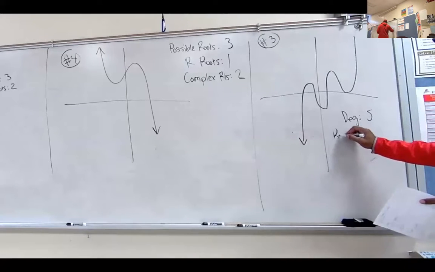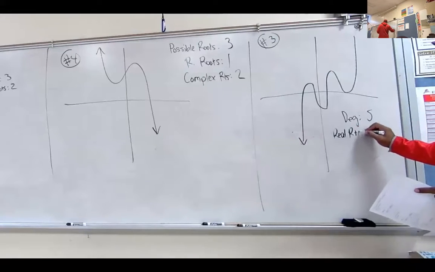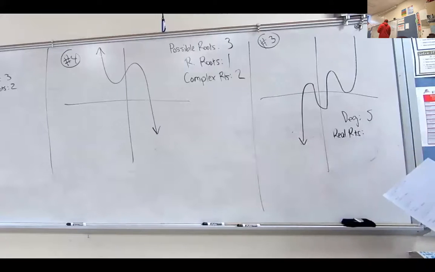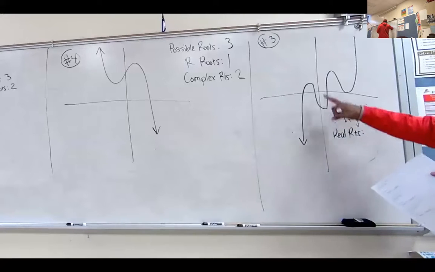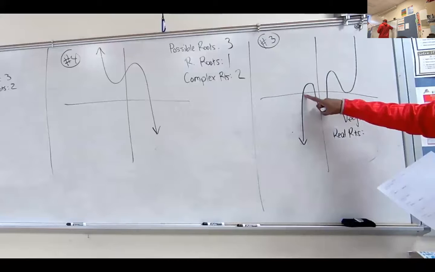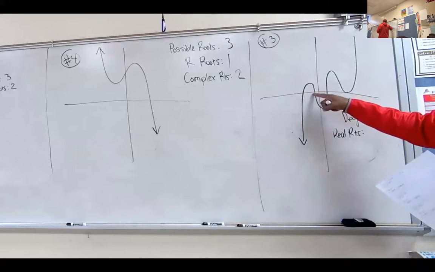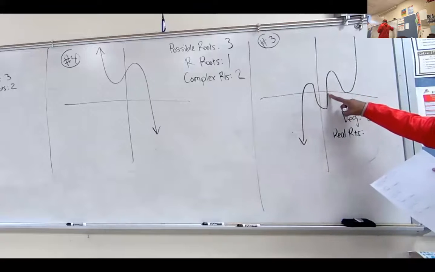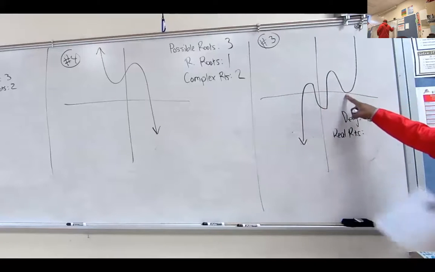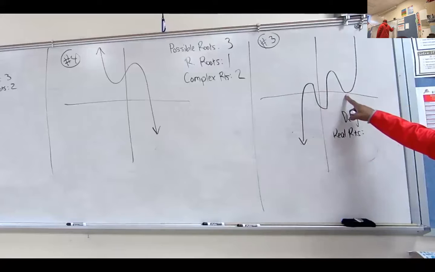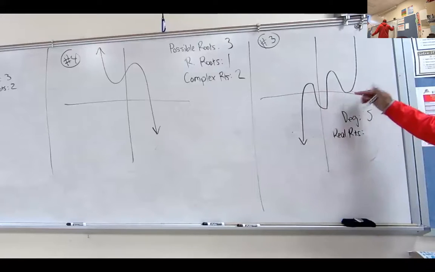So how many real roots do you see here? 4. So here, that counts as how many? 1, then 2, then what kind of root is that? So it's a double, so that counts as 2.